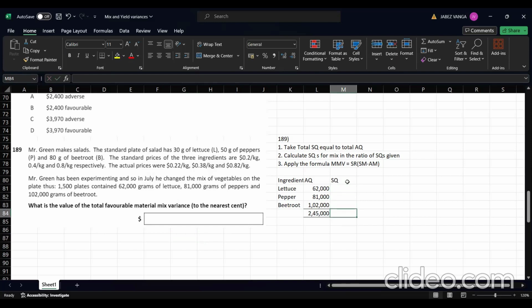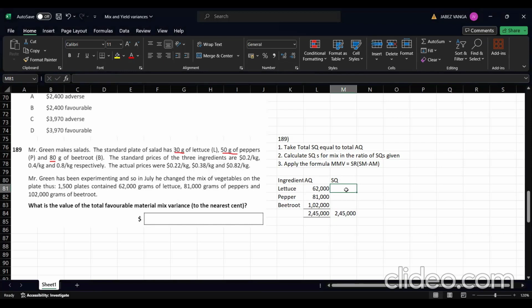So step number one is we will equate this to be 245,000. Done. The mix will be in the ratio of the quantities mentioned: 30 grams of lettuce, 50 grams of pepper, and 80 grams of beetroot. So the ratio will be 3 is to 5 is to 8. 3 plus 5 is 8, 8 plus 8 is 16.